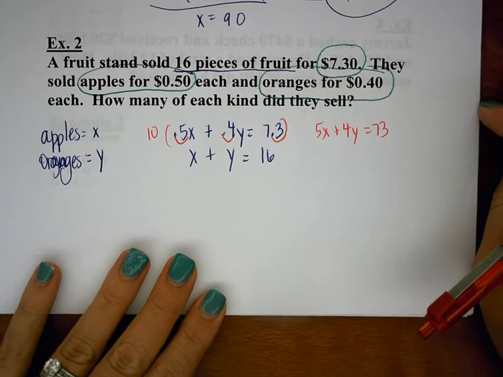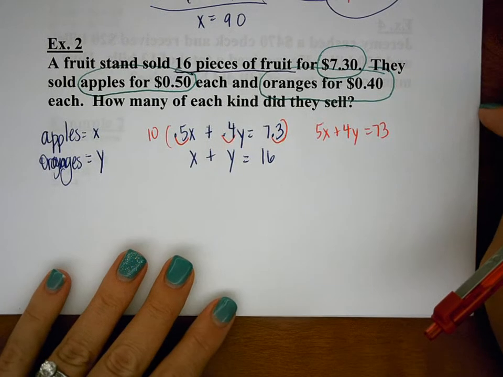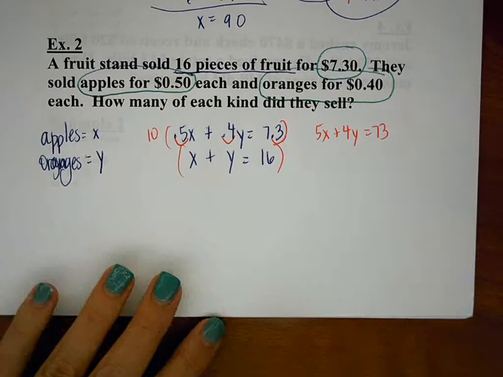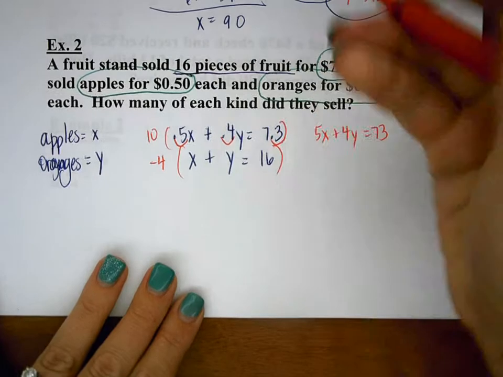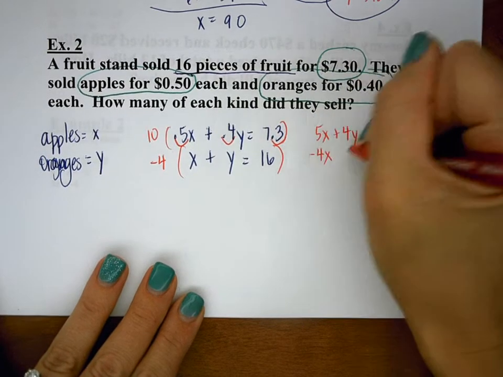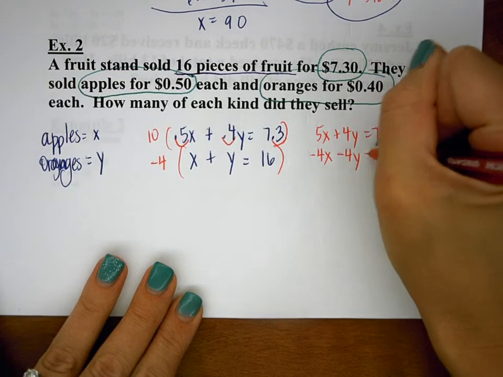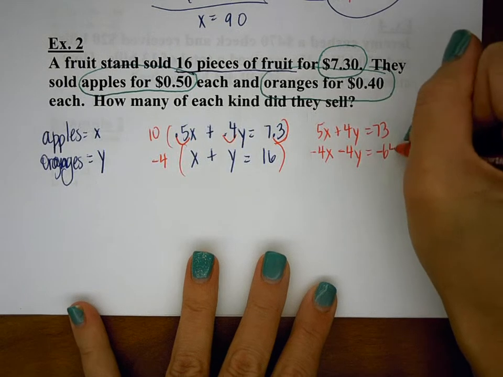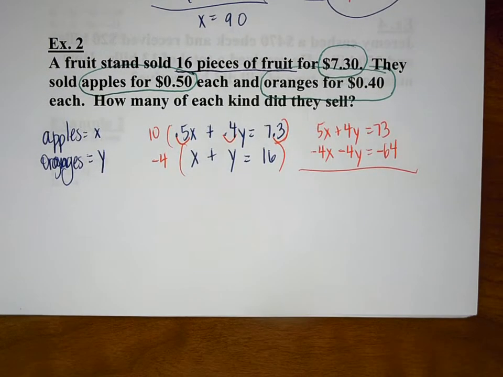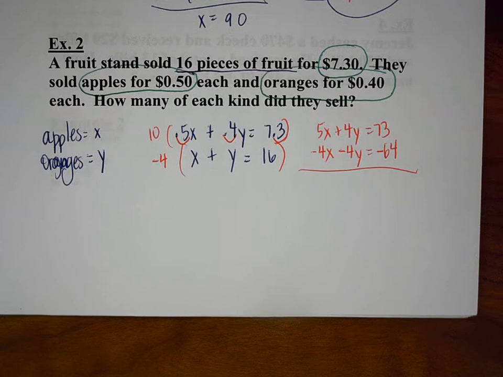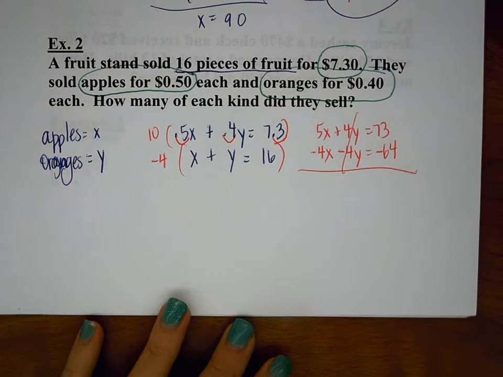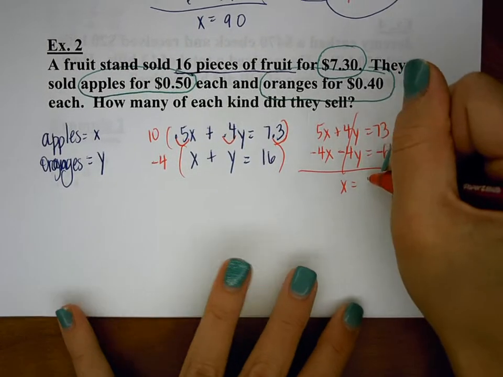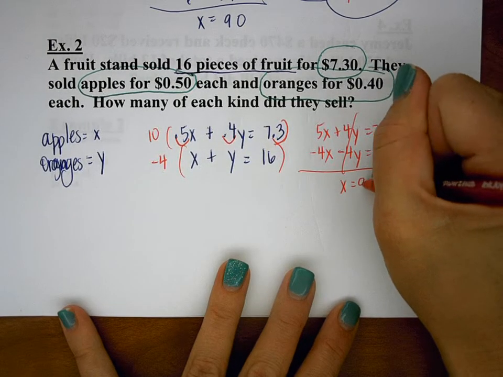And do we want to get rid of our x's or our y's? The y's? Okay, so I'm going to multiply this equation by negative 4. So we get negative 4x minus 4y equals negative, and then 16 times 4 is? Perfect, 64 is correct. So the y's cancel. What is 5x minus 4x? x. And 73 minus 64 is? 9.